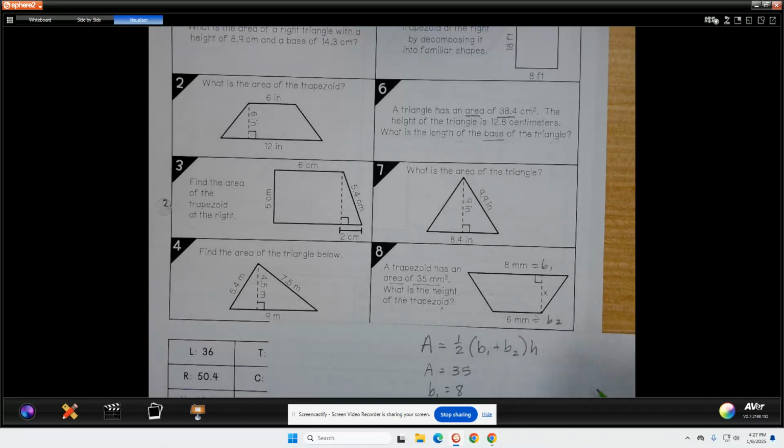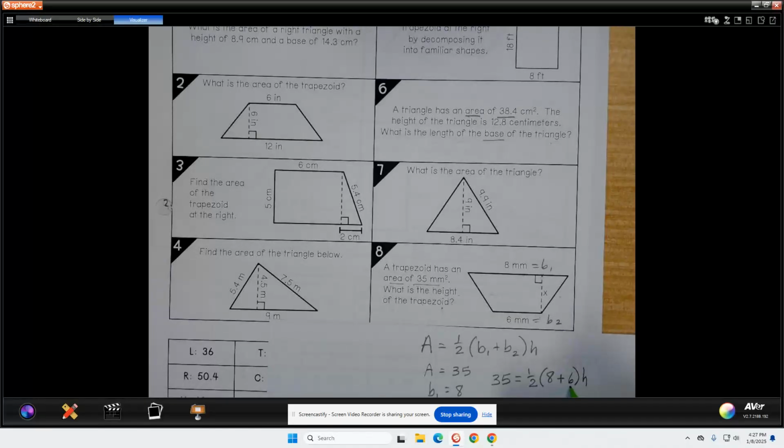And again, guys, your height is always going to be perpendicular to the base. So this and this would not be your height. It has to be perpendicular to the base. So let's plug in. Area was 35 equals 1/2. B1 was 8 plus B2, which is 6, times the height.